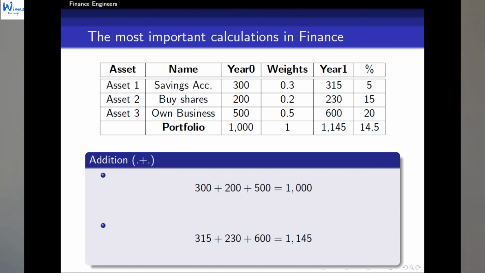So here we see that with addition, we just add to know the total amount invested. We take the amount invested in each asset, we add all the numbers, and we obtain the sum or the total amount.